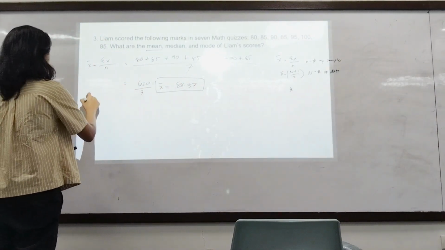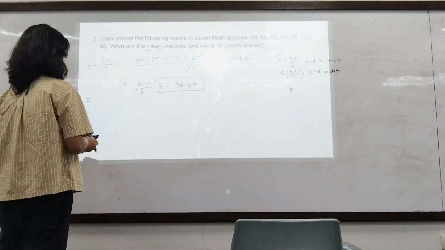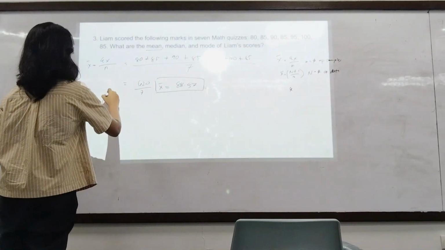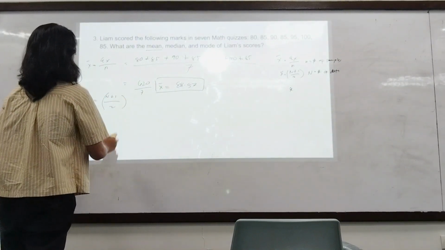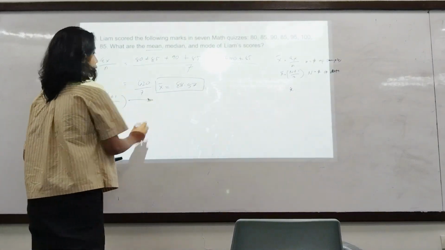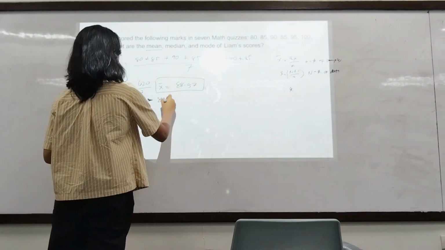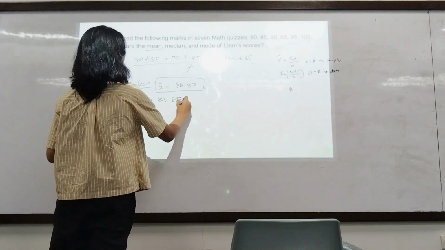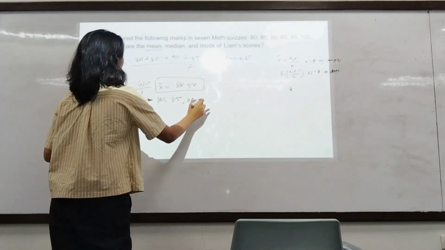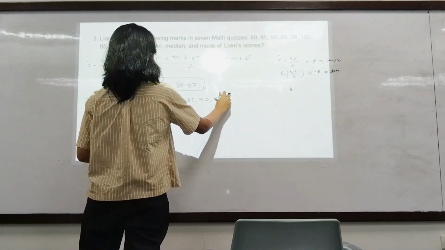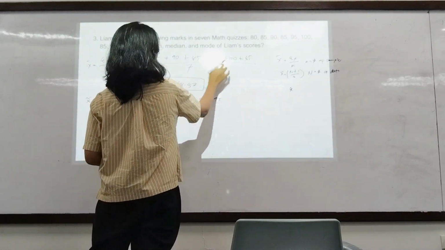Now we're gonna look for the median. The median's formula is n plus 1 over 2. We arrange it into ascending order, because that's what the median is all about: 80, 85, 85, 85, 90, 95, 100.